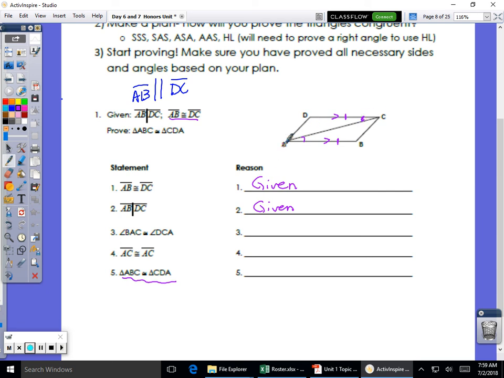And this is a transversal, parallel lines cut by a transversal. We haven't done this yet. We're going to do this after Thursday or on Thursday, but those angles are called alternate interior angles. So the reason we're giving is alternate interior angles.